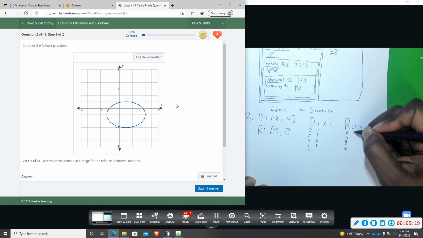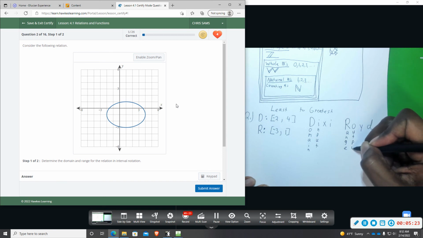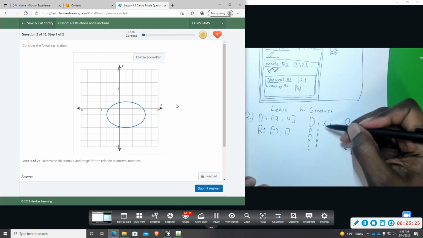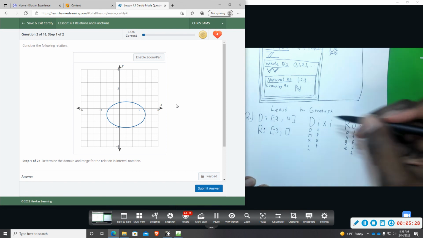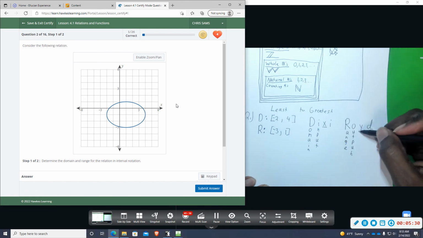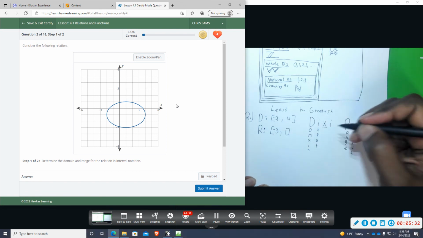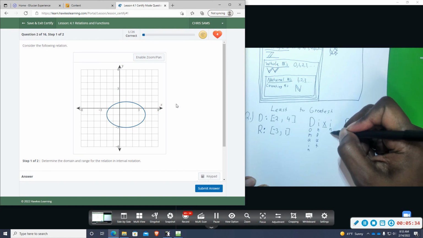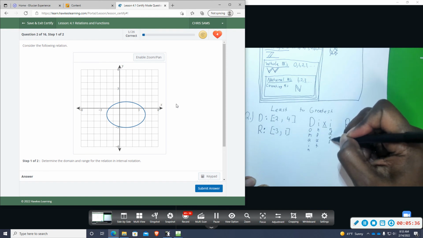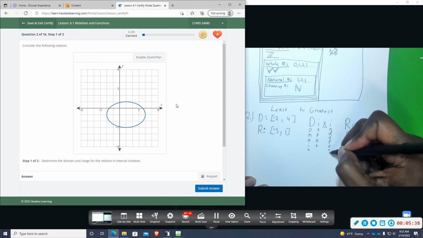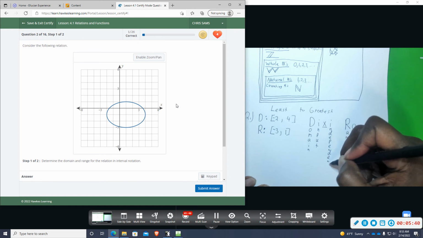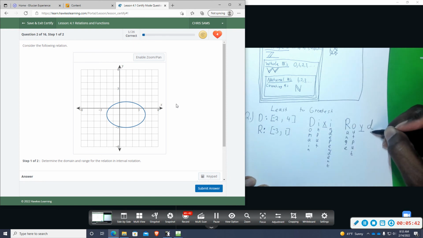O is for output. X and Y are the variables that these words correspond to. And then I is for independent. And then D is for dependent.